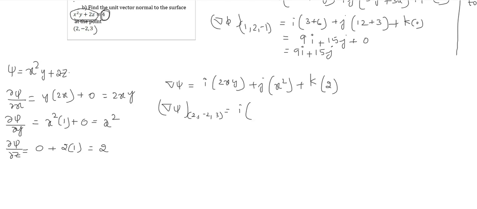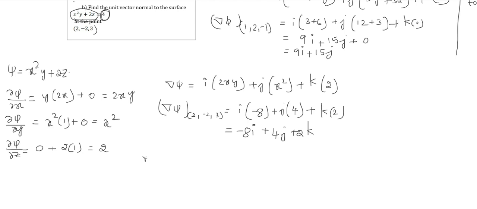This is i into 2 into minus 2, which is minus 4, minus 4 into 2 is minus 8, right? Plus j into 2 square is 4, plus k into 2, which is minus 8i plus 4j plus 2k.